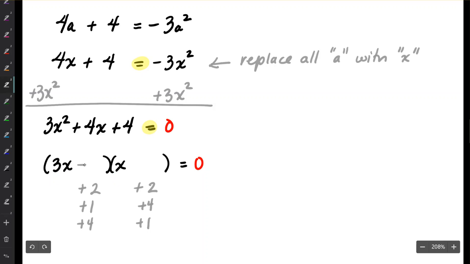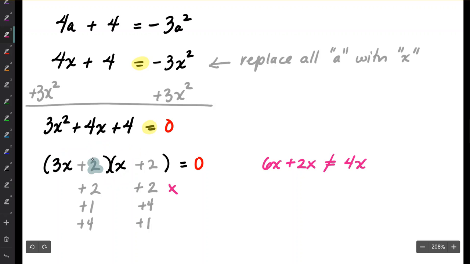Now let's just see these. If I multiply my outer and inner terms, I get 3x times 2 is a 6x, and 2 times x is a 2x. That's not equal to 4x. Okay, so I know that it's not that pairing.